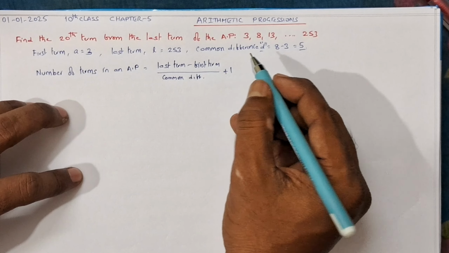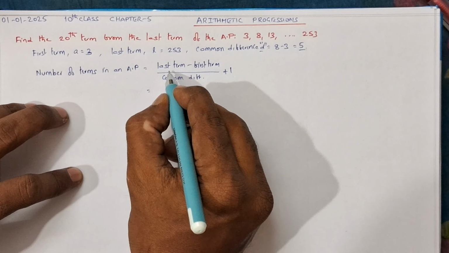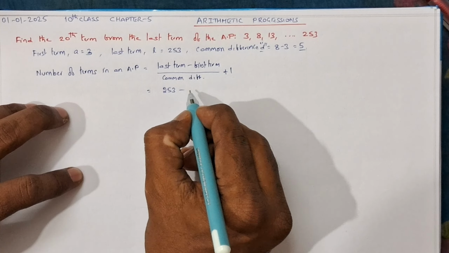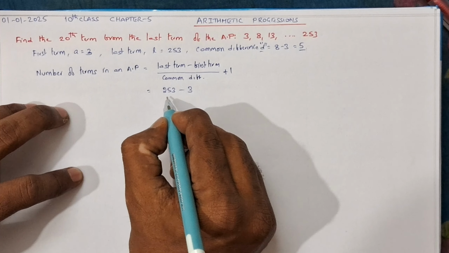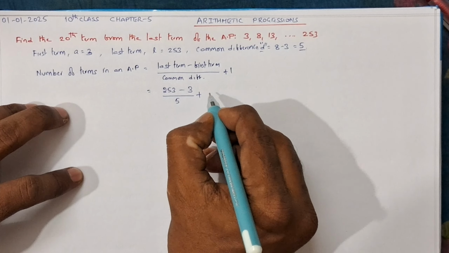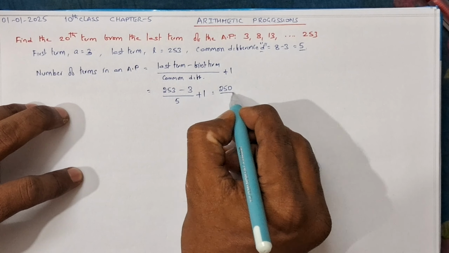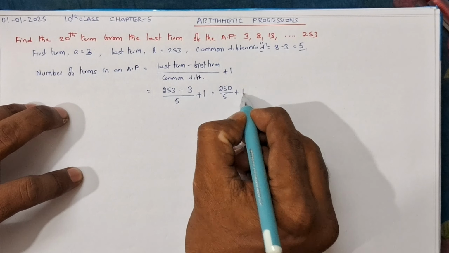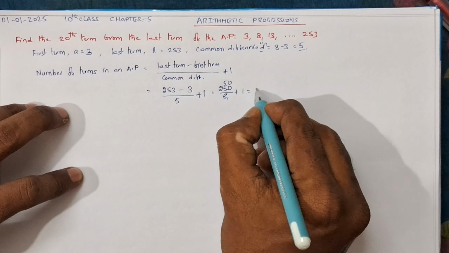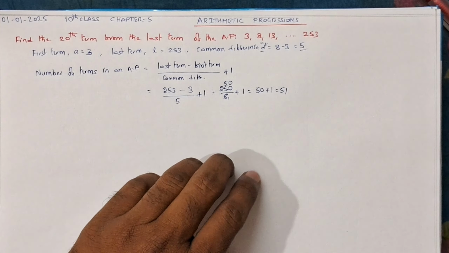Why we will add plus 1, I will explain you in a few minutes time. Last term is 253 minus first term 3, divided by common difference 5, plus 1, that is equal to 250 by 5 plus 1. 5 fifties are 250, so 50 plus 1 is equal to 51.